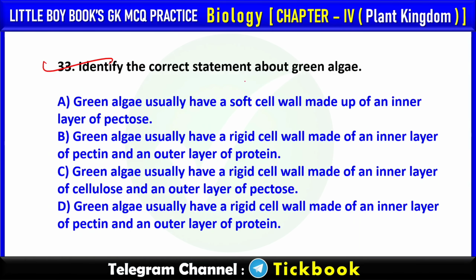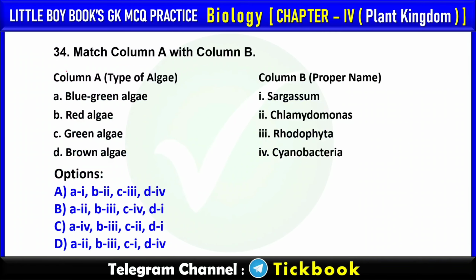33. Identify the correct statement about green algae. Option number C. Green algae usually have a rigid cell wall made up of an inner layer of cellulose and an outer layer of pectose. 34. Match column A with column B. Blue-green algae.